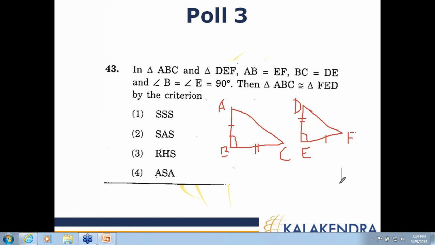Therefore, if you look at RHS, as some of you have marked this as the correct option. What does RHS stand for? RHS stands for right angle, hypotenuse, and side. So we've got a right angle here, B. Hypotenuse is AC or DF, which is not part of the congruency condition.